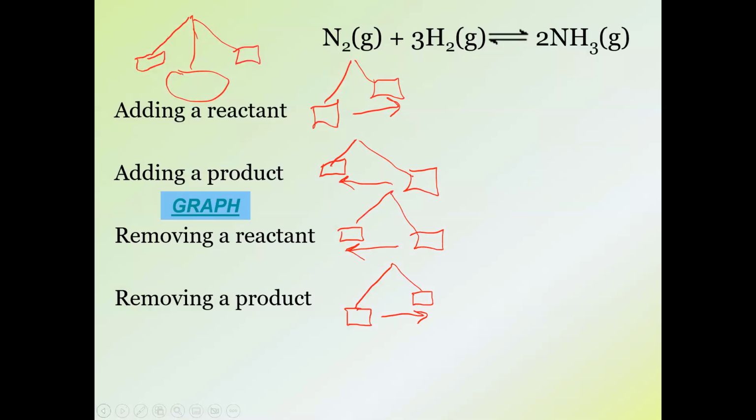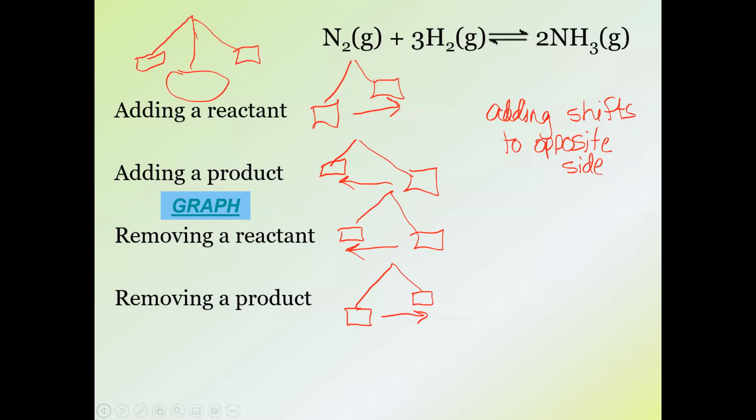As a general rule, adding shifts to the opposite side of the reaction. Whenever we added reactant, it went towards the products. When we added product, it went towards reactant.